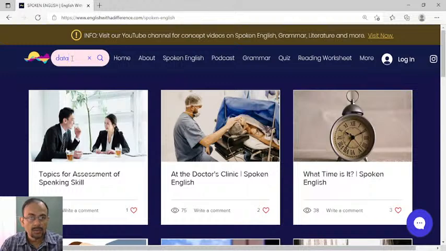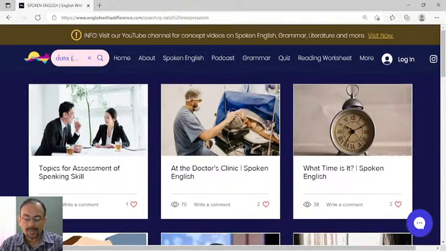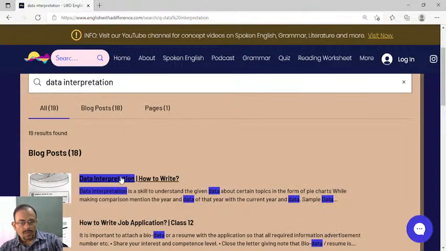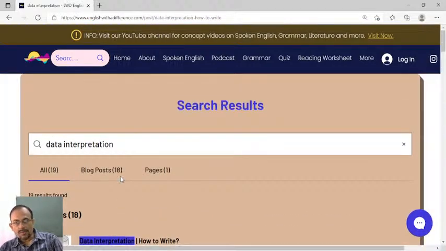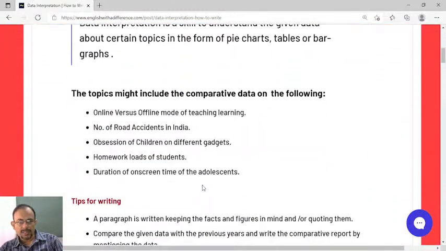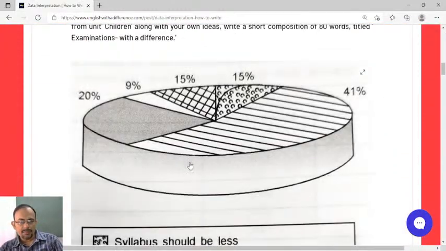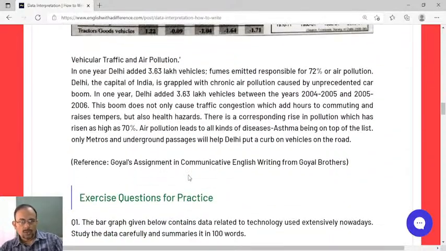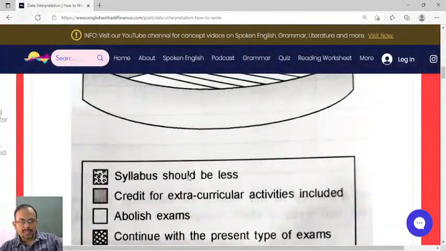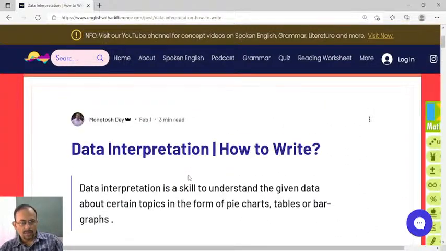As I told you before, it can be in the form of a pie chart, bar graph, etc. You can practice and see some of the answers I've written here as sample examples. You can see sample examples 1 and 2 so that you understand what data interpretation is all about.